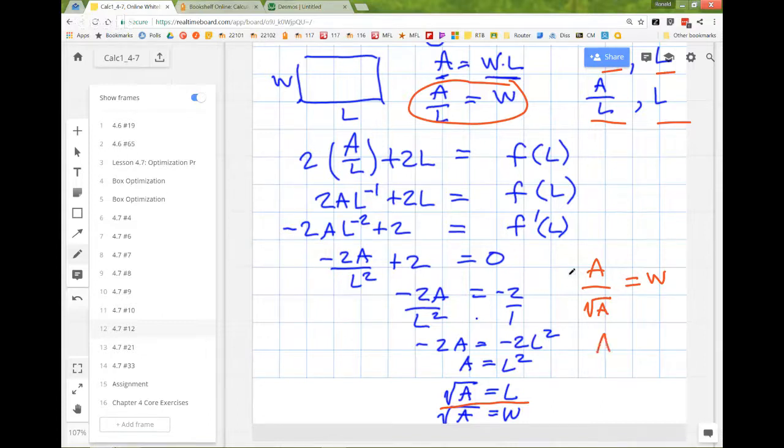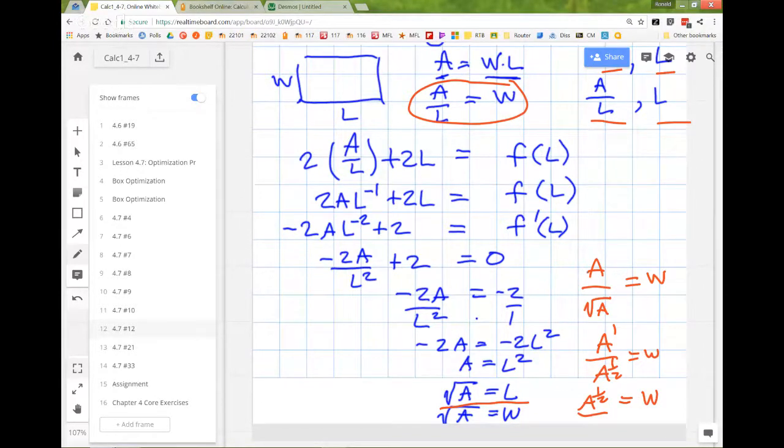That's like A over A to the 1/2 power, and that equals A to the 1/2 power, right? Subtract exponents, 1 minus 1/2 is 1/2, and that means the square root of A.